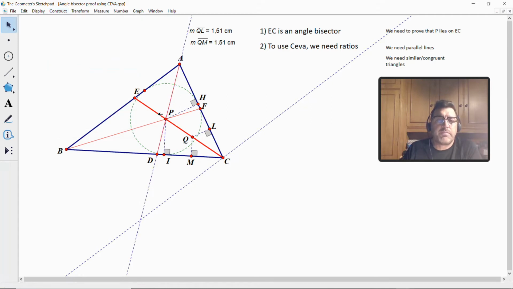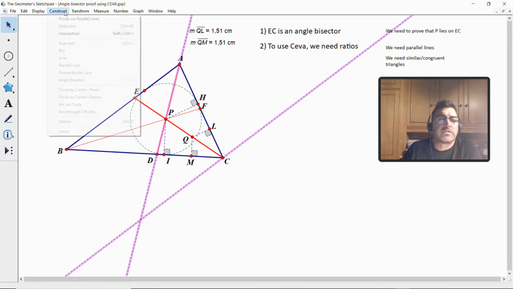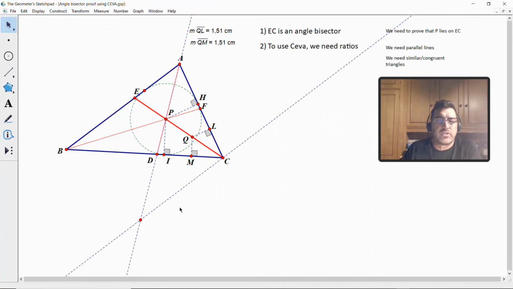Now that parallel line is parallel to the Cevian AD, or the angle bisector AD. So if I now construct the intersection of those two, this little angle here is equal to that single angle at A, alternate angles that are equal.